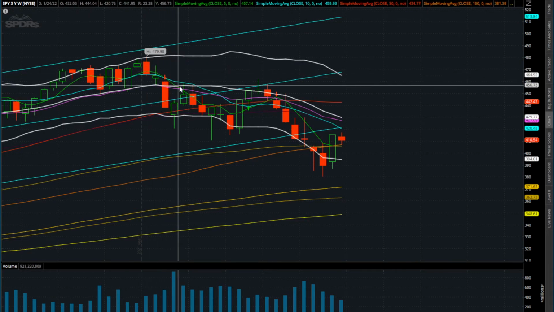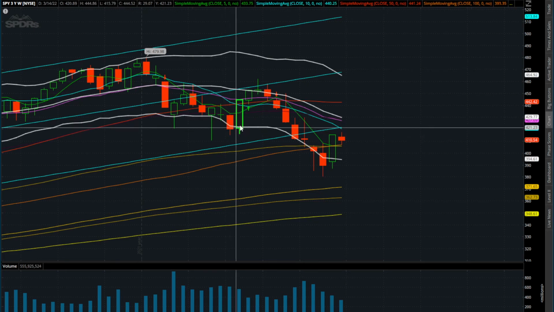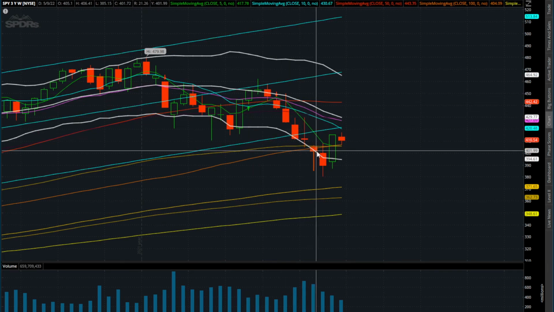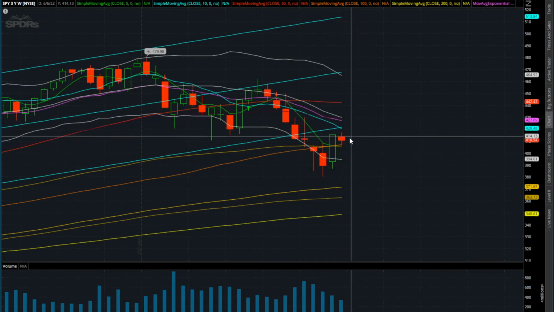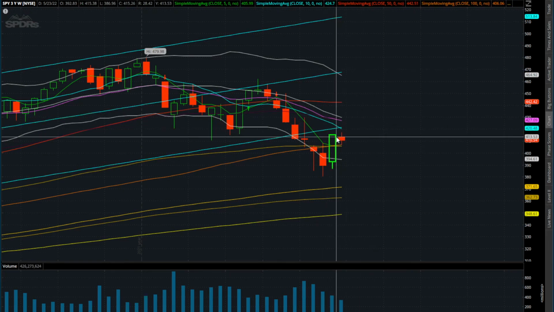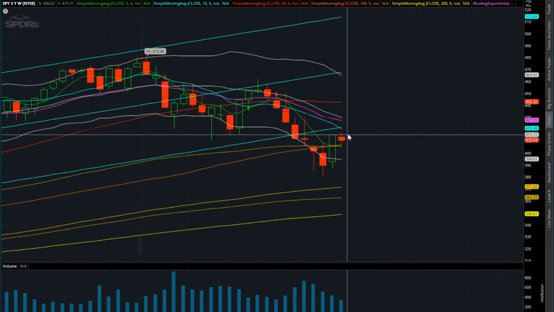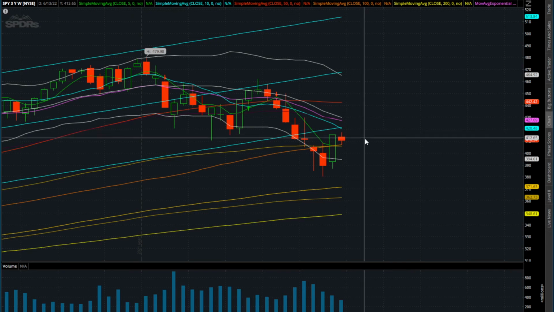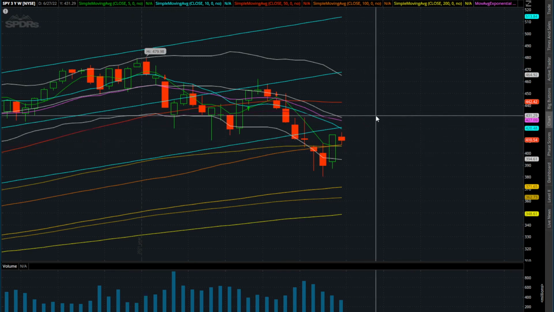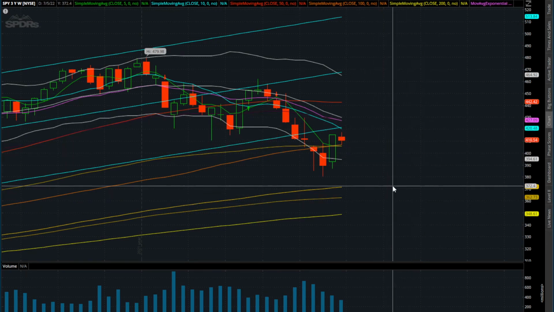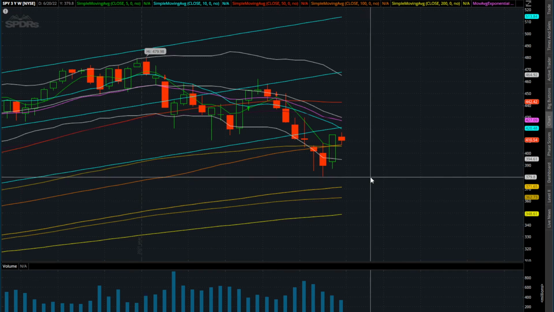If this is the first wave down followed by the bounce, and this is the second wave down followed by a bounce, we could be looking at a couple more weeks between this 430 and 400 area before it washes out into 370, 380. So it's still yet to be determined.